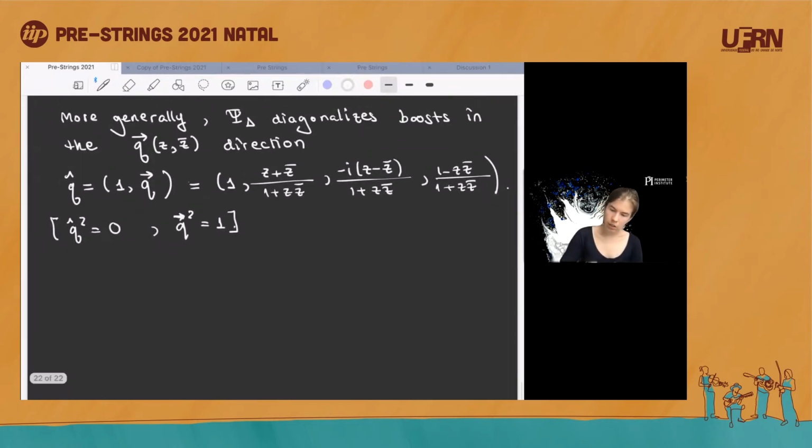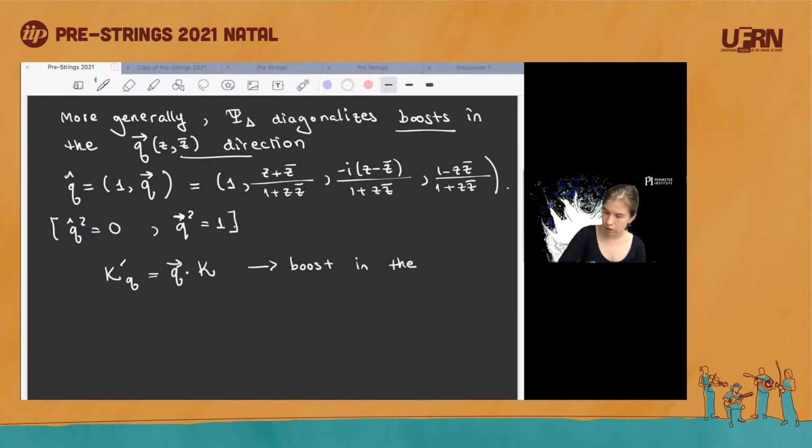And one can define a new generator in the Q direction by dotting this vector Q into the boost generators. So now this is a boost in the Q direction.